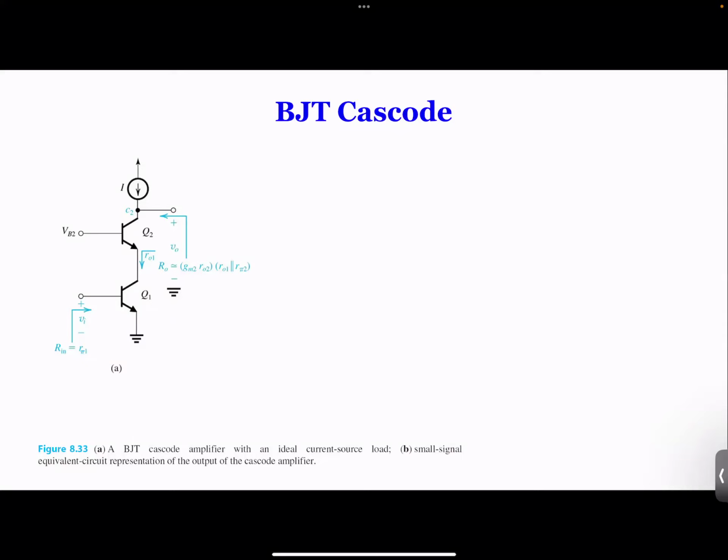So the idea is this: if we draw the input, this is R pi 1, and this is your input, and then this is grounded. This is going to be GM1 VI, and this RO is the internal resistance.